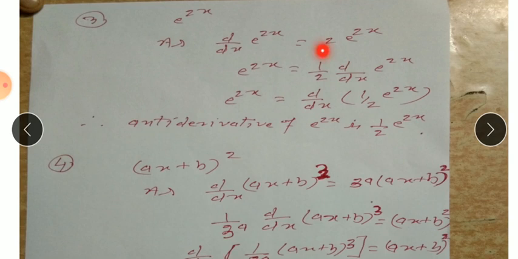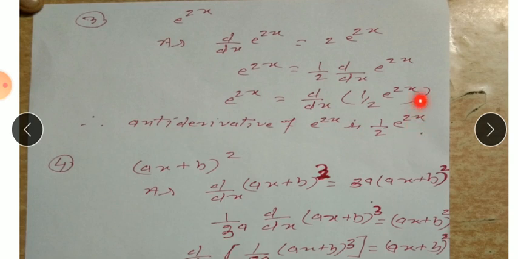Transposing 2 from the right hand side to the left hand side, we can write e raised to 2x is equal to 1 upon 2 d dx of e raised to 2x. That is, e raised to 2x is equal to d dx of, with the constant written within the bracket, 1 upon 2 e raised to 2x. Now we can say that the antiderivative of e raised to 2x is 1 upon 2 e raised to 2x.